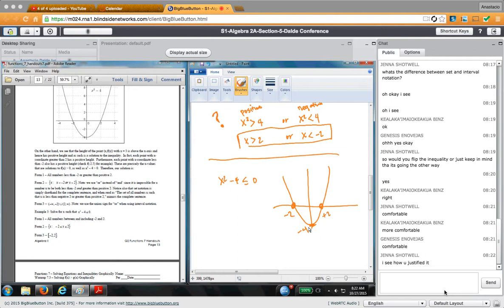Now, when is the y value smaller than or equal to a negative number? Or smaller than or equal to 0? That's really my question. When does my graph dip below this line right here, in this region?